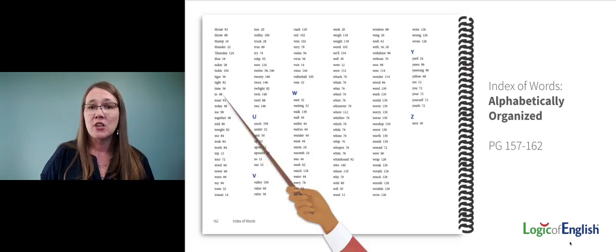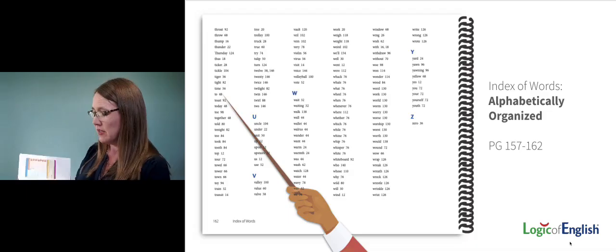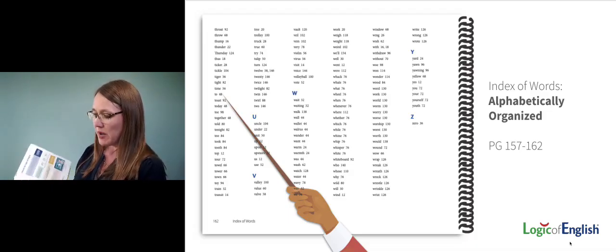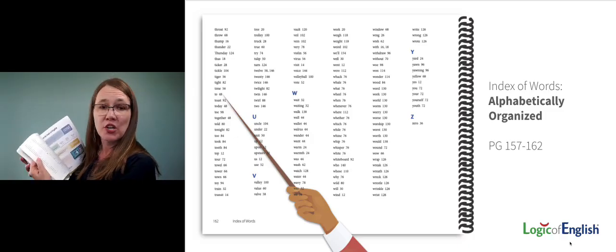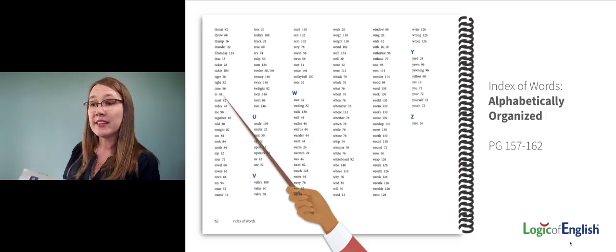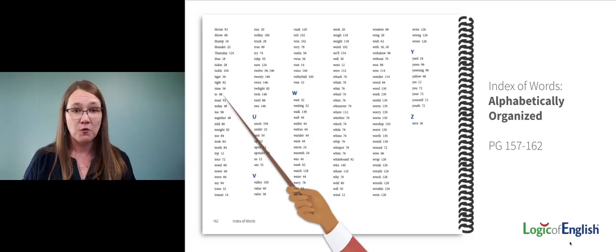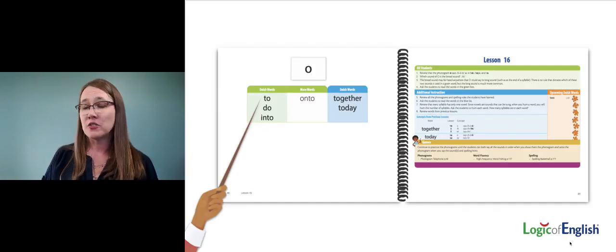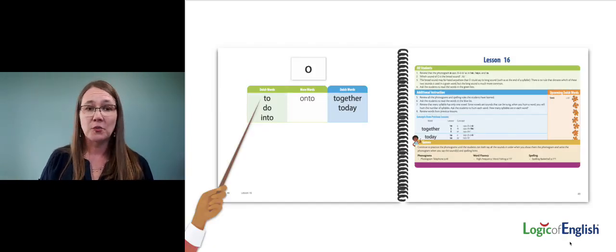I could then go to the back of the book to the index, and there's an index of words back here, and you can look up the word to. You'll find that to is found on page 48. When you turn to page 48, you will need to observe that to is found in the green column.